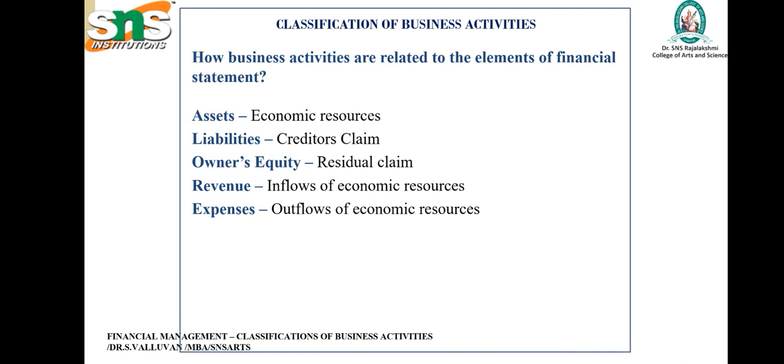Marketable securities are assets, and so are buying of land and building, expansion of business, acquisition of business. So these are all investment activities, and investment will be shown on the asset side of the balance sheet.